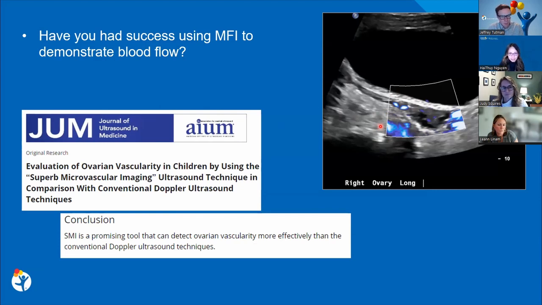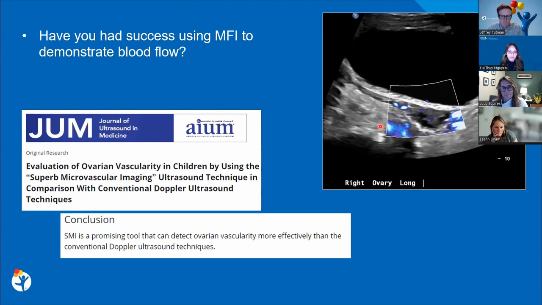I'm definitely trying to use MFI, microvascular imaging, more often in all body parts. So I guess more to learn about that. But like you said, vascularity or blood flow can be tricky with these ovaries. So I'm not too sure about torsion, if you put on microvascular imaging and there is blood flow, what would that mean?